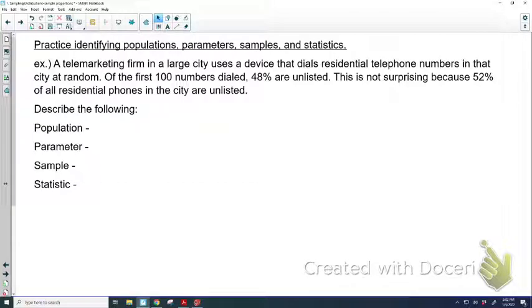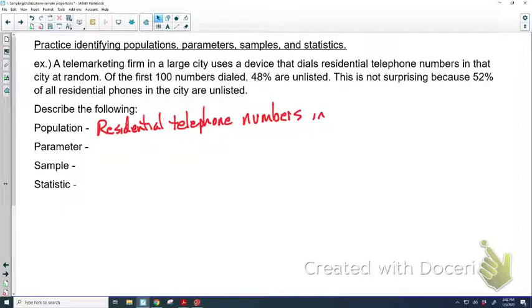I would say in this one, the population is residential telephone numbers in a large city.